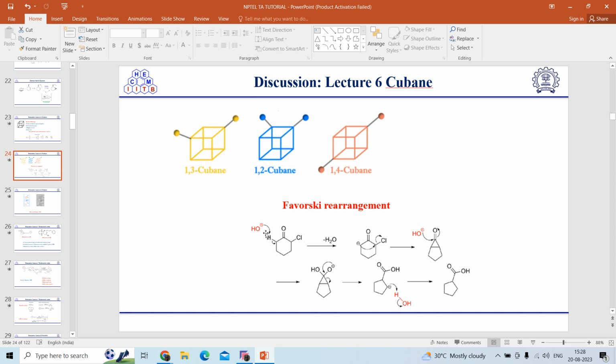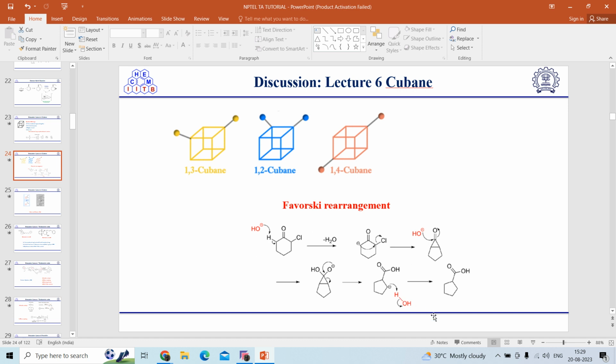Here we are using KOH. That KOH will be abstracting this alpha proton, and it will generate a carbanion which will attack the alpha position to that halogen, and the halogen will be eliminated to get this kind of intermediate. Then again that OH minus will be attacking at this carbonyl carbon center, forming this kind of compound, and then when this O minus comes back as ketone, this three membered ring will open, resulting in the formation of this five membered ring. So it is a ring contraction reaction.